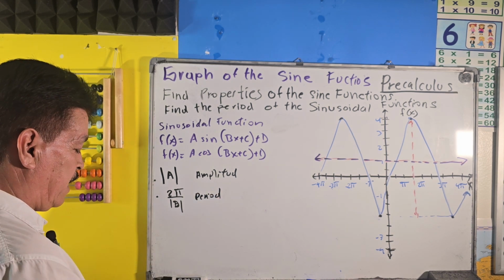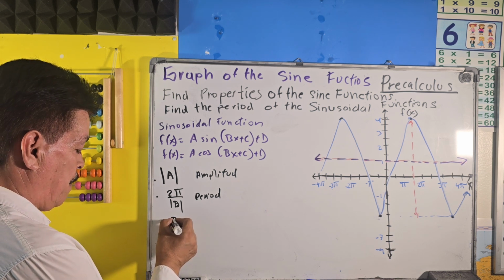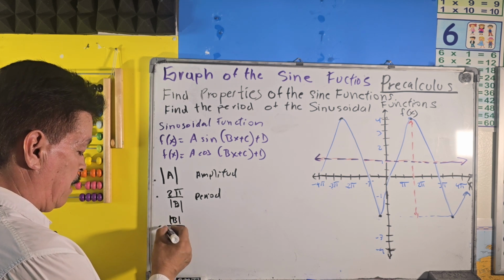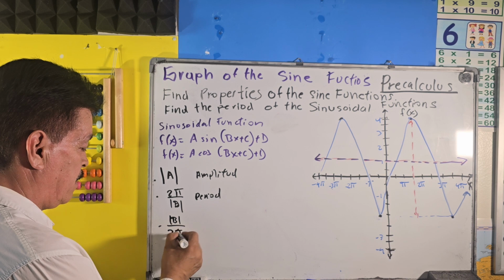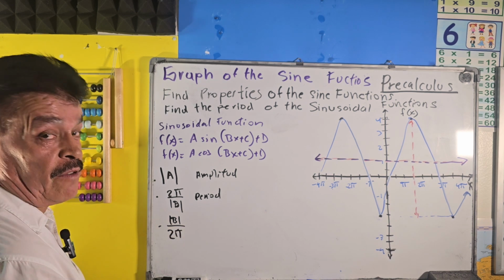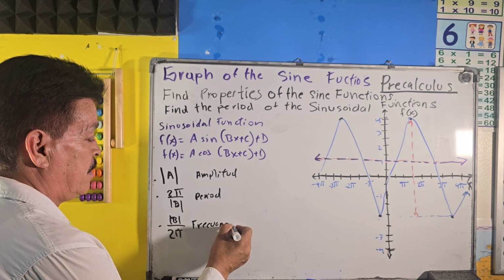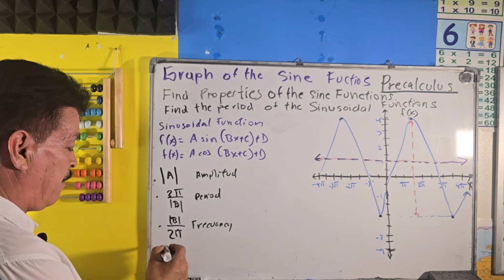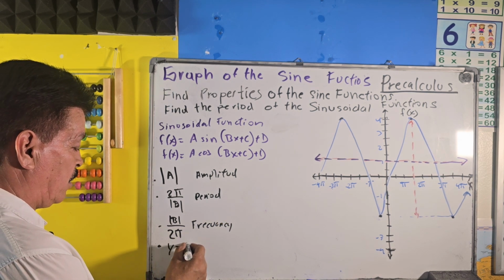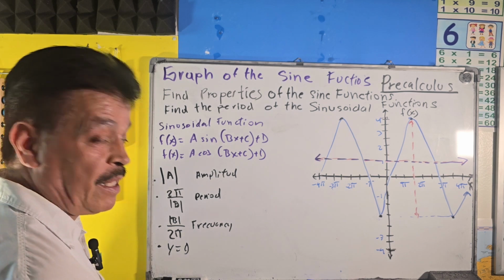We have another thing: the absolute value of b divided by 2 pi. This is the frequency. Then we have y equals d. This is the midline.